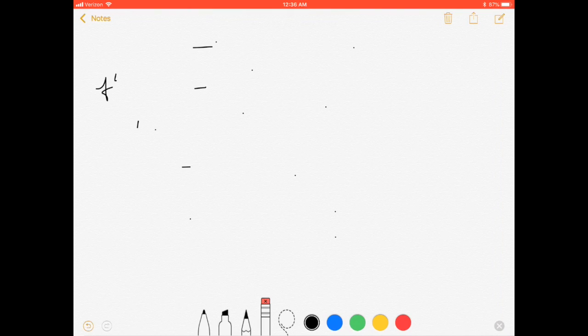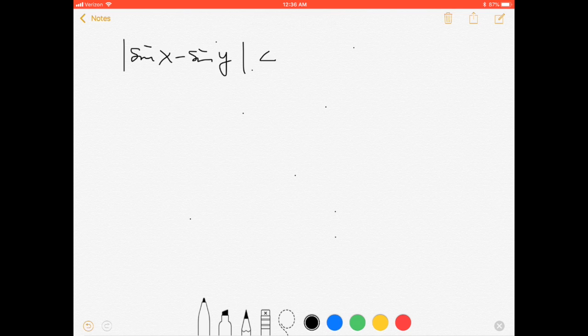This is an example where we try to prove something. Here we try to prove this inequality: the absolute value of the difference between sine x and sine y is less than or equal to the absolute value of the difference between x and y.